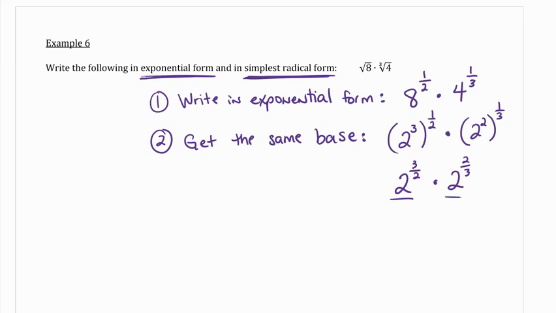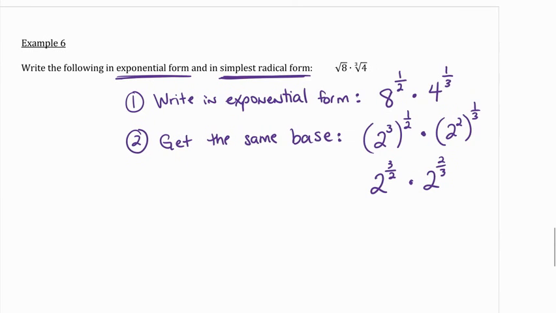Now that I have them in the same base, when they have the same base and we're multiplying, we can add our exponents, right? So now all I need to do is add my exponents. So I've got to do 3/2 plus 2/3. Get yourself a common denominator here, which would be 6. So I got to multiply the first one by 3.